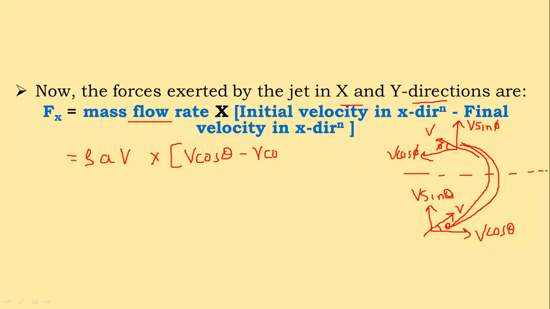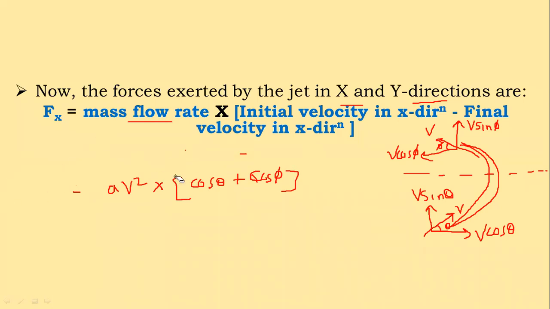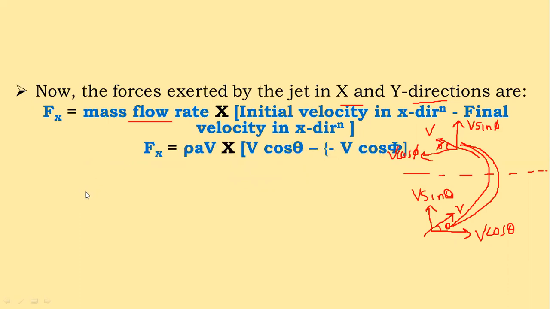Minus v cos phi, yes, sorry. It will be minus v cos phi. So the answer that we'll get is, taking v common, rho a v square into cos theta plus cos phi. Let us check what we have assumed, whether it is correct or not.